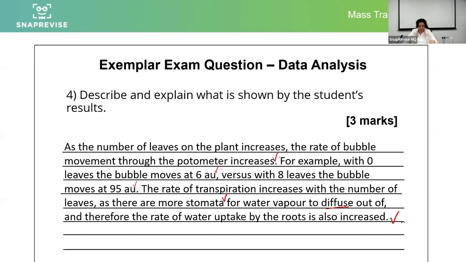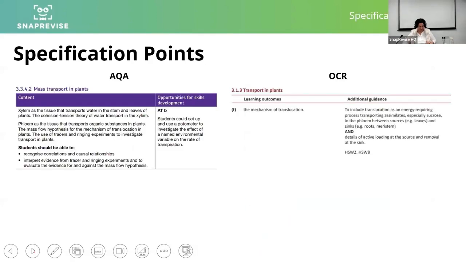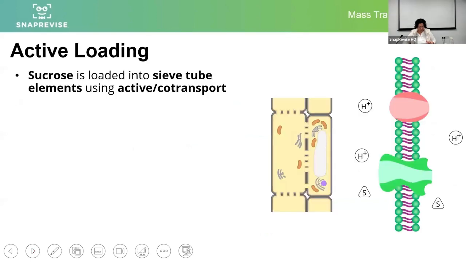Okay, let's move to the next part, which is translocation through the phloem. Again, specification points, make sure you're super familiar with them. So before we look at translocation as a whole process, we have to understand how the assimilates find themselves into the phloem, into the sap in the first place, right?